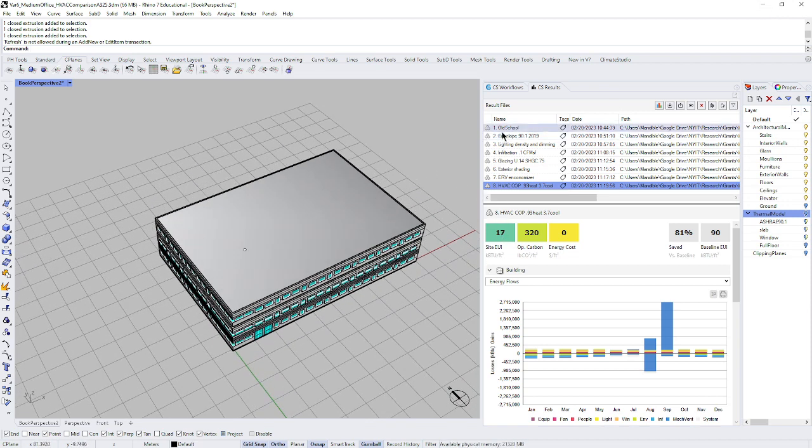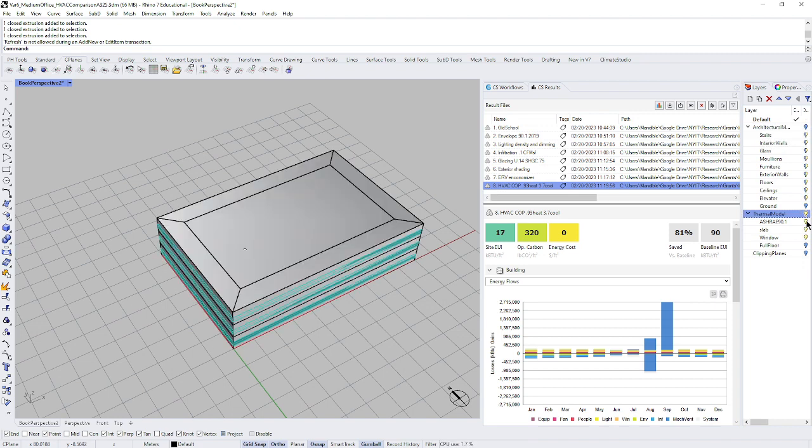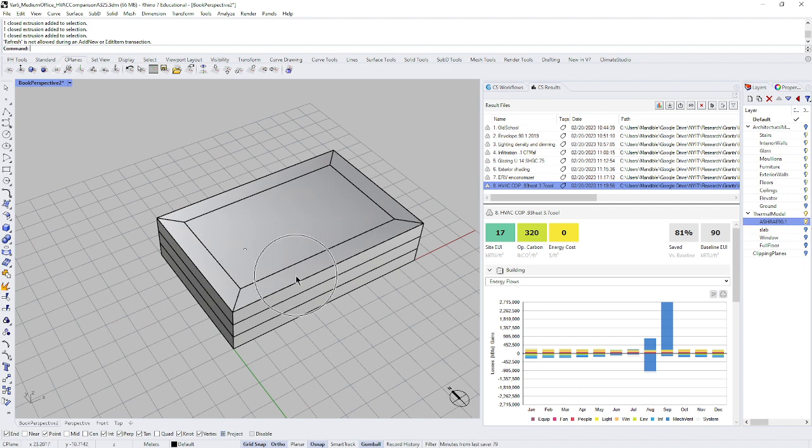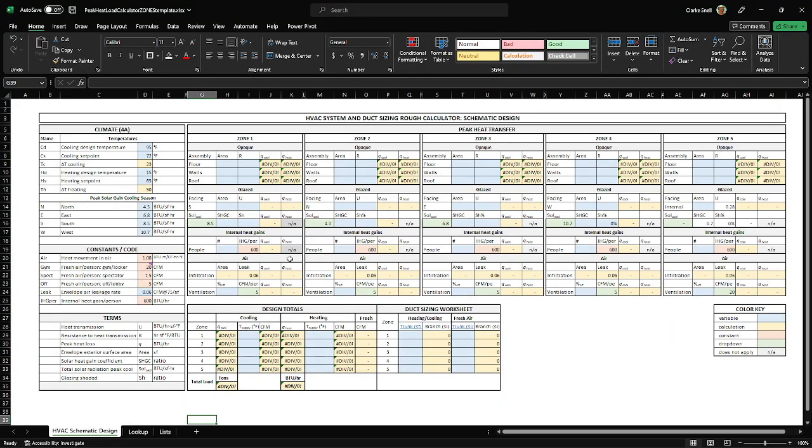I'm calling the south zone 1, north zone 2, east and west zones 2 and 3, and this big central zone, zone 5. Then I can fill in all the values.